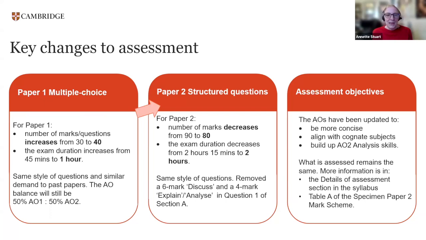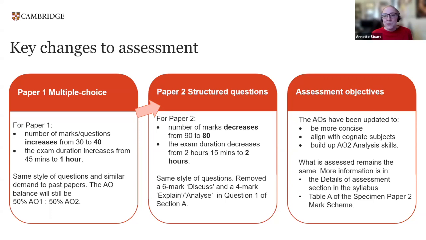In paper 2, there will be a shorter question 1, as mentioned, the data response task, with a 15-minute shorter examination. But the questions overall will be similar in style and demand to past papers. So to help candidates focus on demonstrating their data response skills, we have removed one discuss part question that tests AO3 evaluation and one part question on explain or analyse from question 1 in section A, as these are often independent of the case study data.